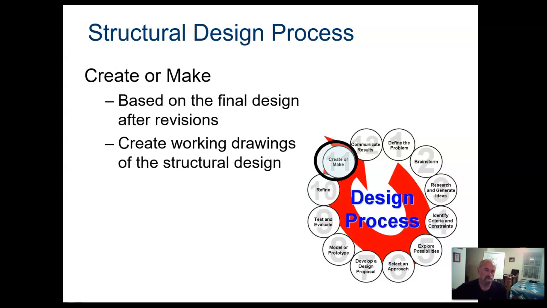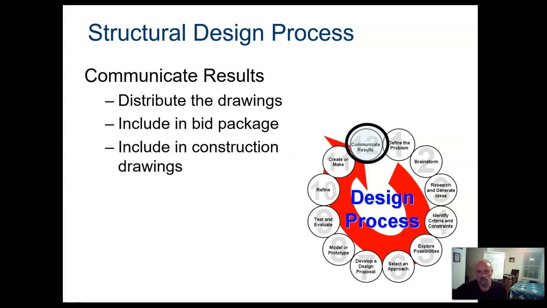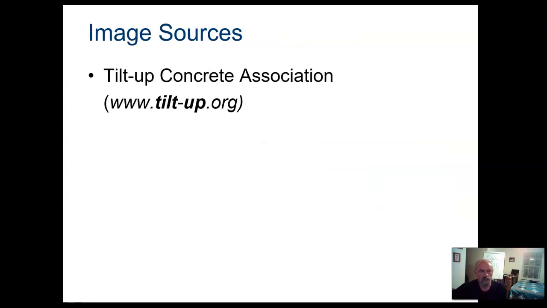You make the final decision. After the revisions, create working drawings of the structural design to make sure that all the paperwork and documentation coincide with each other. Then you communicate the results: distribute the drawings, include a bid package, include construction drawings, and that's it.